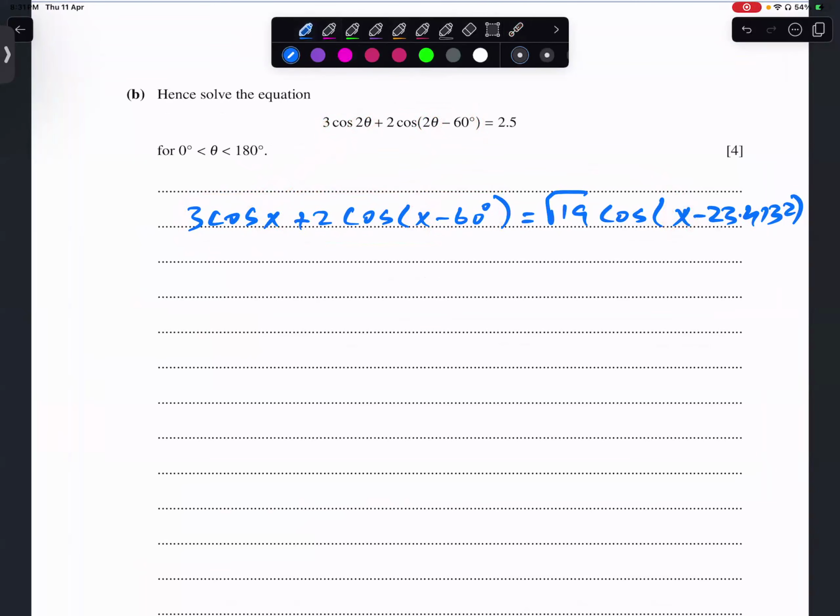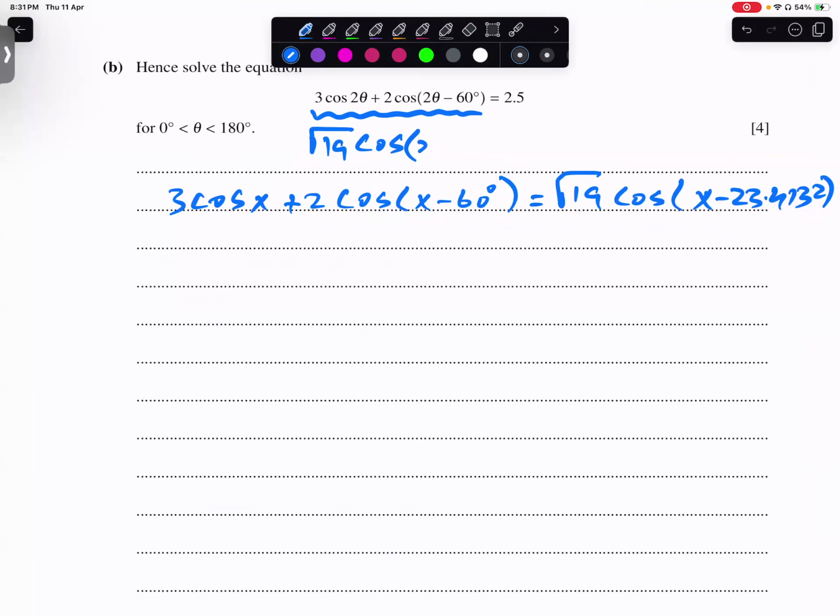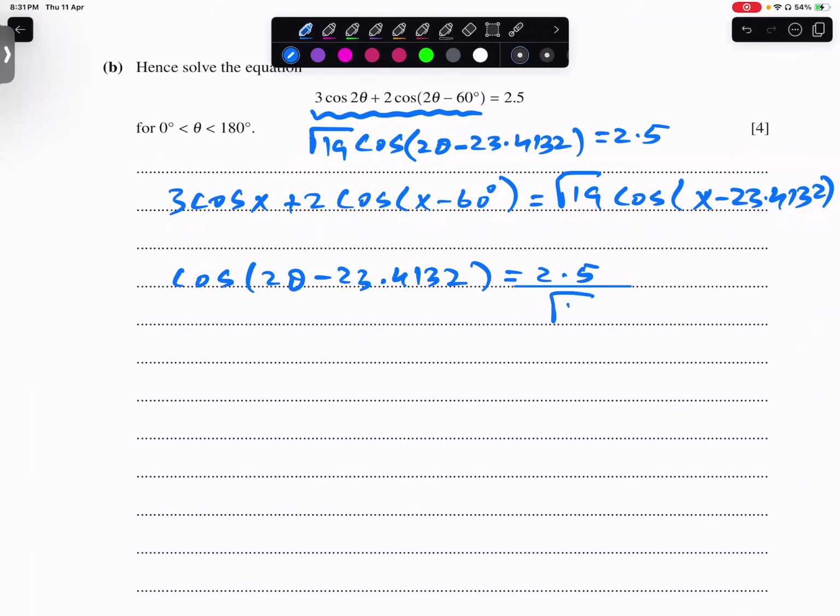So this whole thing is root 19 cos of (2 theta minus 23.4132) equals 2.5. Got it, students? The left side is actually this thing. Now it's very easy. Cos of (2 theta minus 23.4132) is equal to 2.5 divided by root 19.